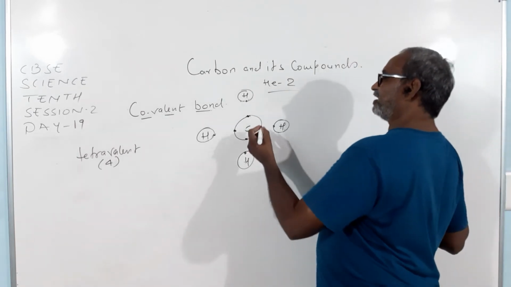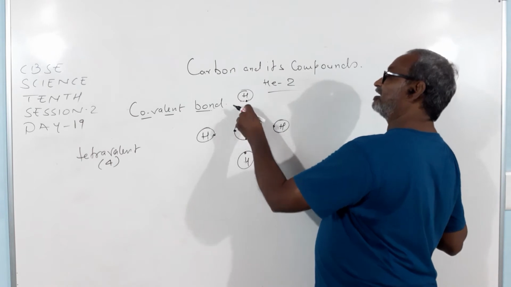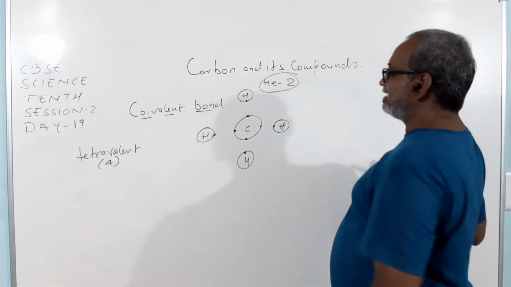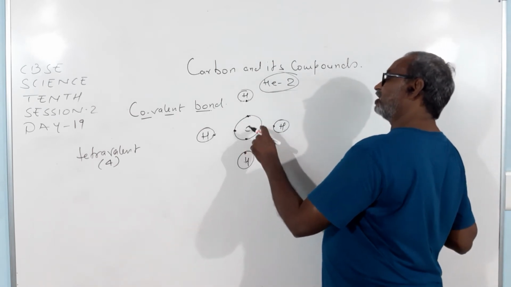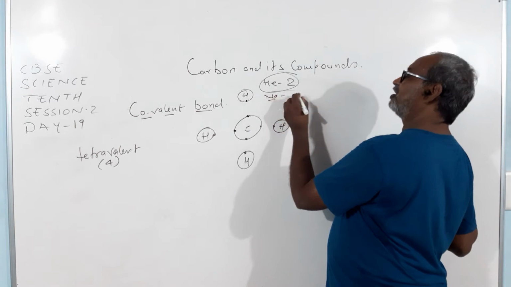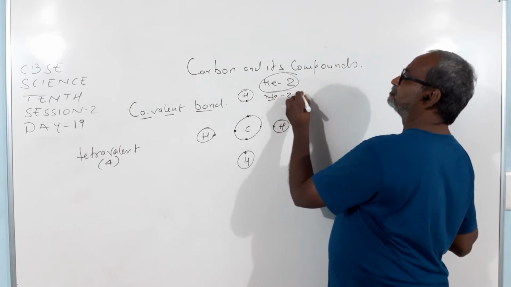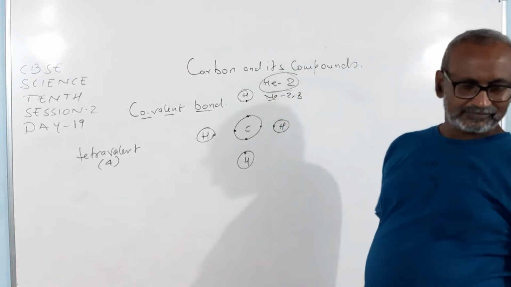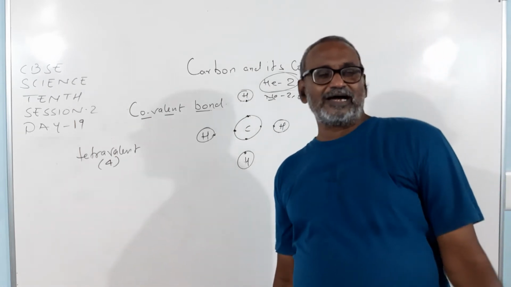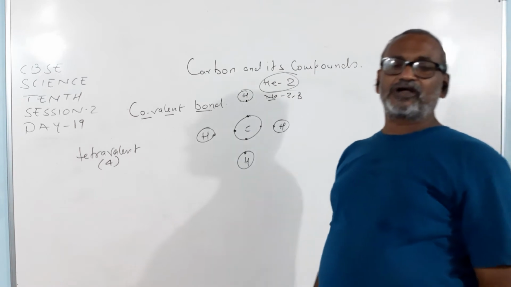So hydrogen requires 1 more electron to acquire the stable configuration of helium. On the other hand, carbon atom requires 4 electrons to complete its octet and acquire the stable configuration of neon. So there can be a compromise between carbon atom and 4 hydrogen atoms.